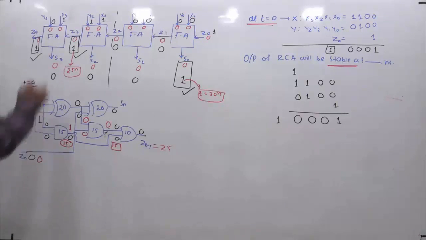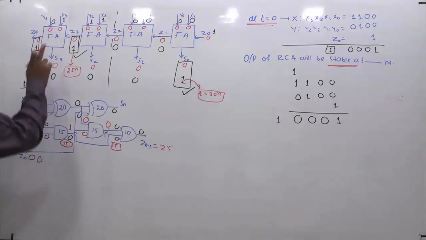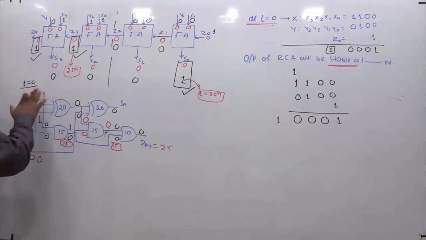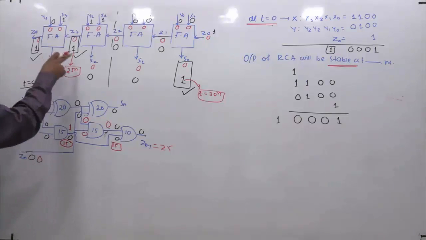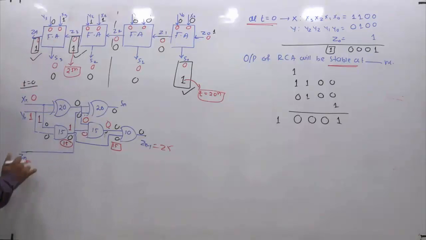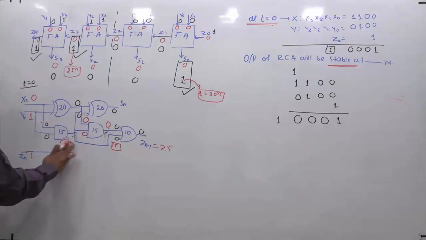Now the discussion is regarding the last full adder. For the last full adder, what are the inputs? The inputs are again 0, 1 and this thing. So the inputs you are giving are 0, 1, and Z equals 1. These are the changes we are making in this case. Now what is the consequence of this?